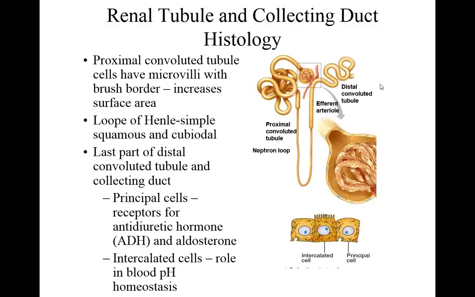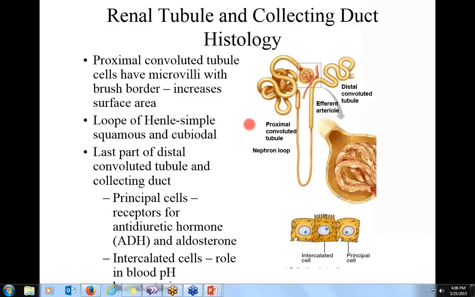The proximal convoluted tubules have microvilli. Microvilli increase surface area, and an increase in surface area is excellent for absorption. Loop of Henle, simple squamous and cuboidal.